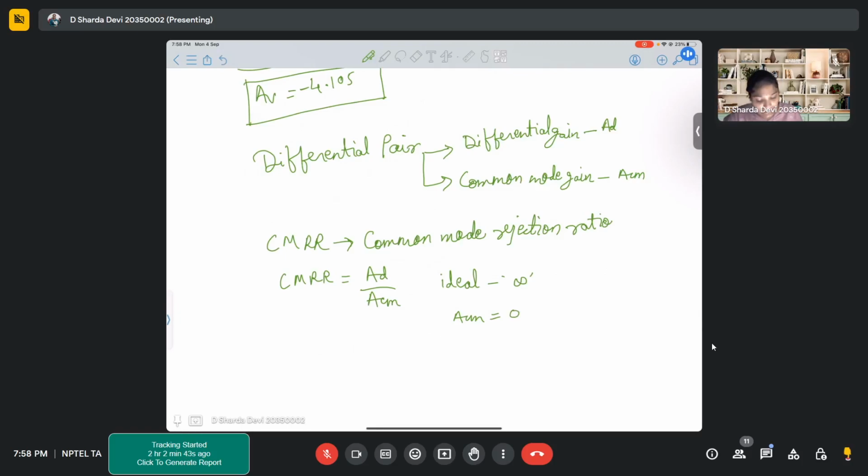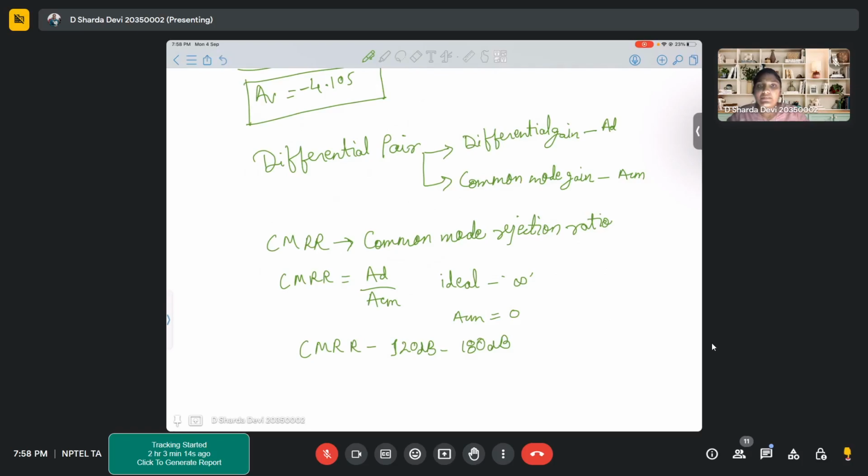Like a CMRR is from 120 dBs to 180 dBs. In this range, you'll get your CMRRs for your op amps and all differential pairs. So CMRR needs to be very high. Ideally, it is infinite, considering that ACM is 0, and practically it is from 120 to 180 dBs.